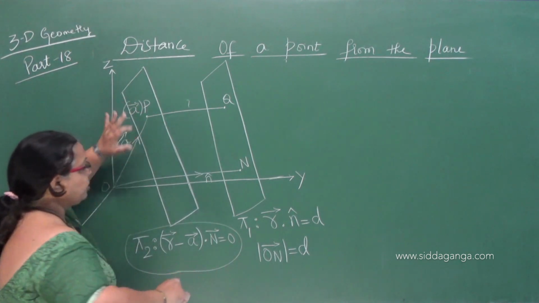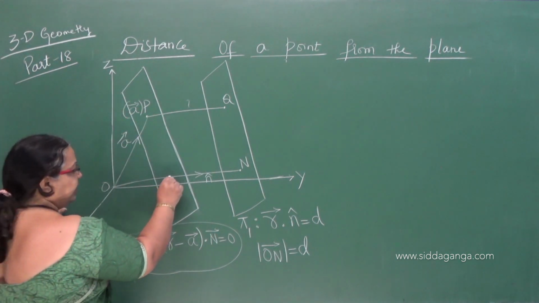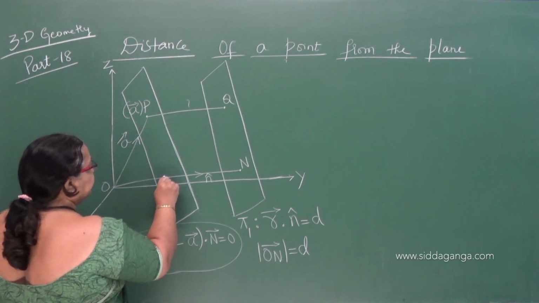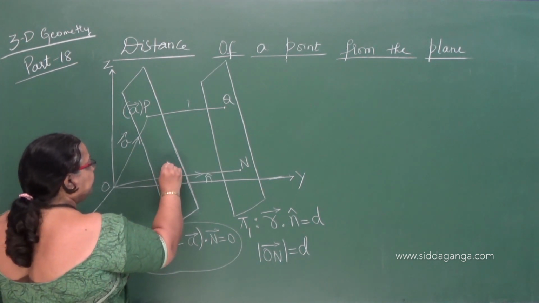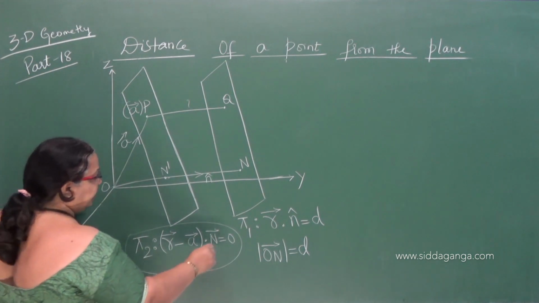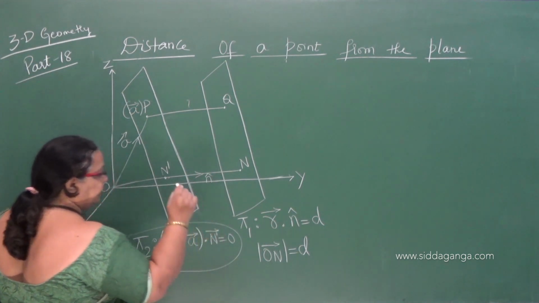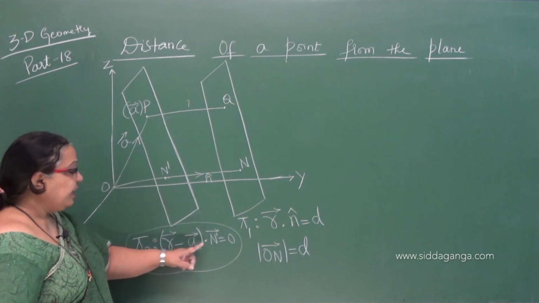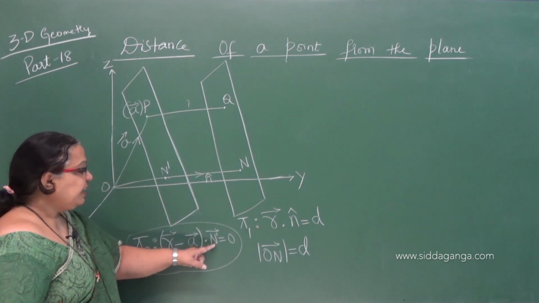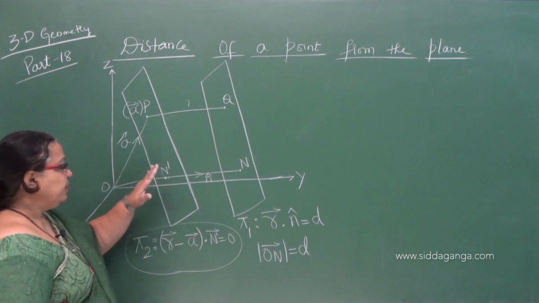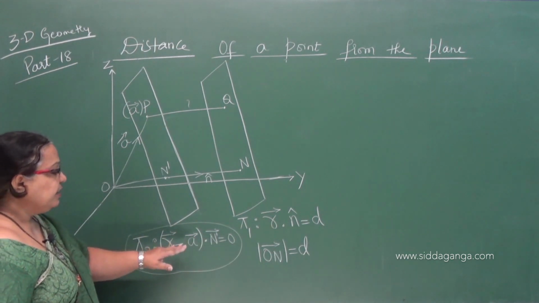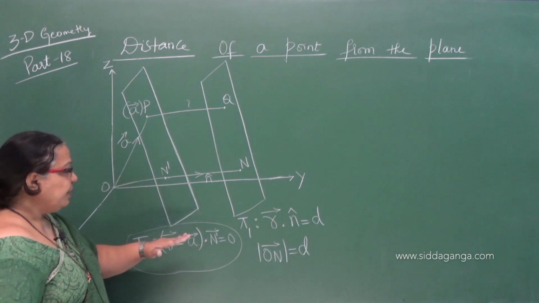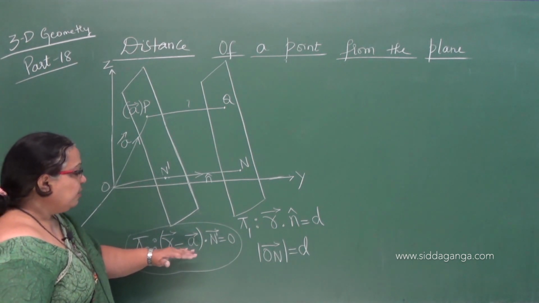For the second plane, here I should take n dash, the perpendicular vector, n dash. So vector r minus vector A dot vector n dash equal to 0. This is the equation according to the second theorem. So now this represents the normal vector.